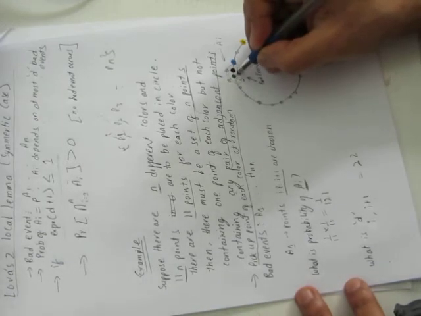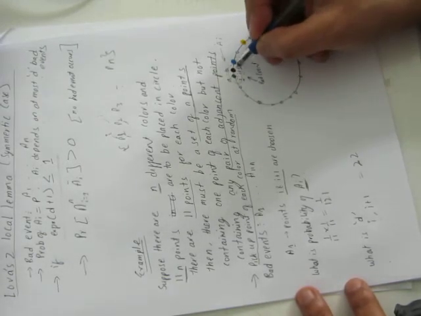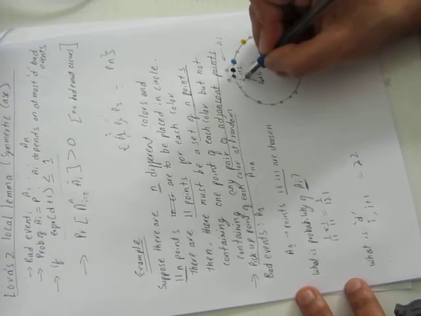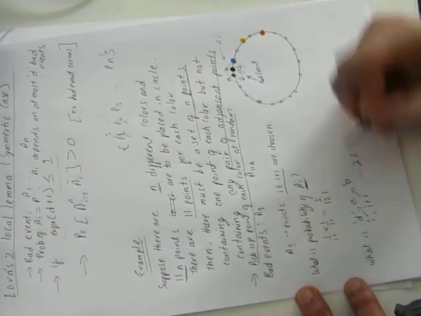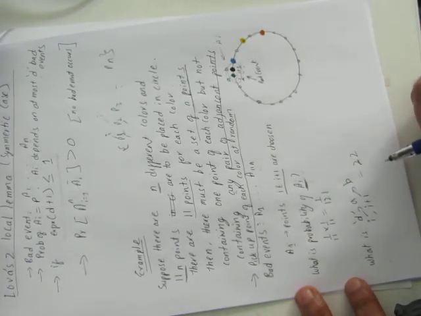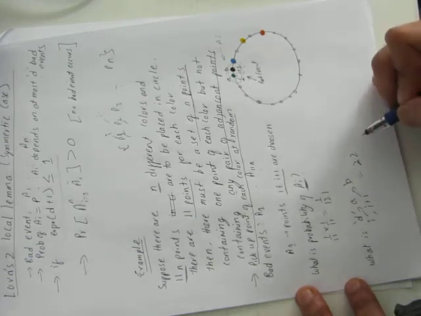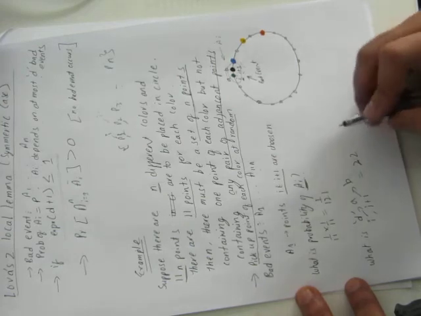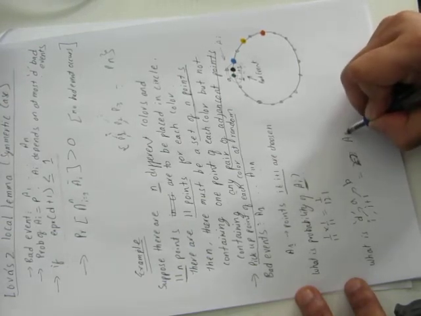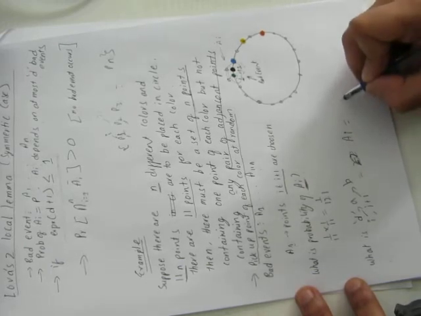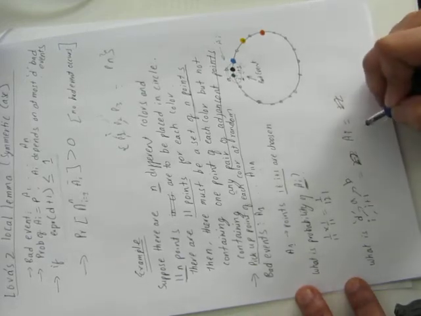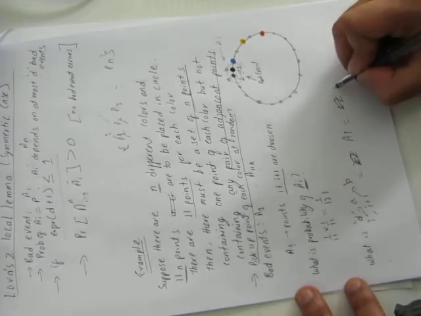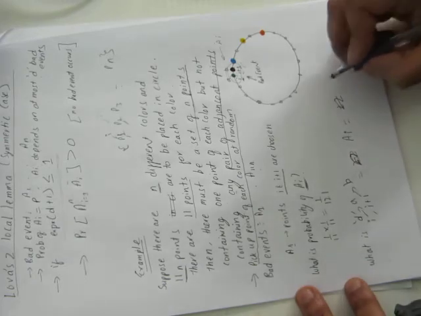For example, if A is green, and i has color A, and this has color B, then there are 22 ways in which we can have color A. So if the current event is Ai, there can be 22 different ways, but since we already chose this event Ai, there can be 22 minus 1, excluding the current bad event.